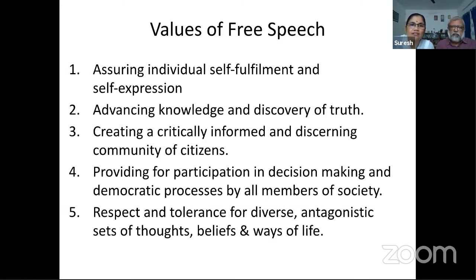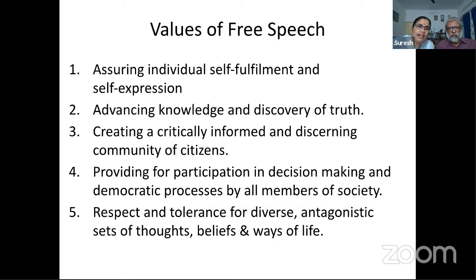It is a very diverse country, with diverse cultures, diverse religions, diverse faiths, beliefs, and diverse thoughts, and very often these are competing thoughts. They could be antagonistic, but nevertheless, it is important that we respect and have tolerance for such diverse views, for the simple reason that only when such diverse views are tolerated can the earlier values that we have spoken about be realized: the individual's right to self-fulfillment and self-expression, to advance knowledge and discovery of truth, and to have a discerning citizenry and discerning community where we can effectively participate.